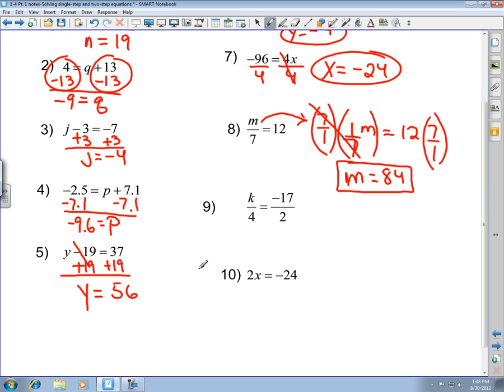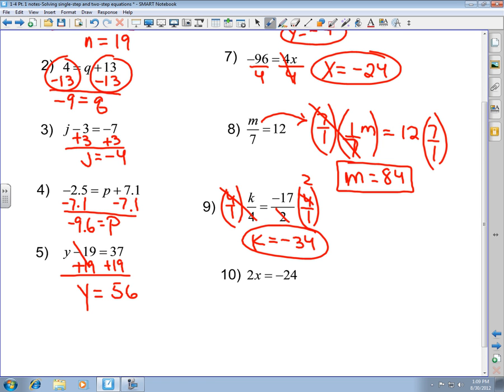I want to get rid of that 4 in the denominator, so I'm going to multiply by the reciprocal of 1/4, so I'm going to multiply by 4 over 1. It's very important that you have it over 1, guys, because that way you won't multiply it to the denominator accidentally. And then here I can cross reduce, so that's going to be negative 34.